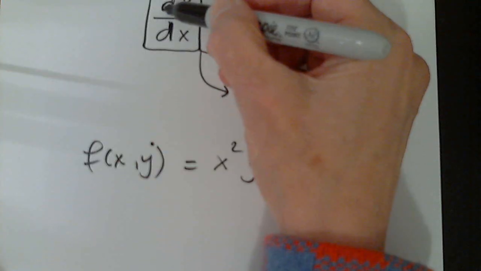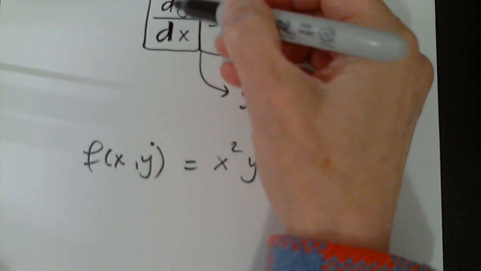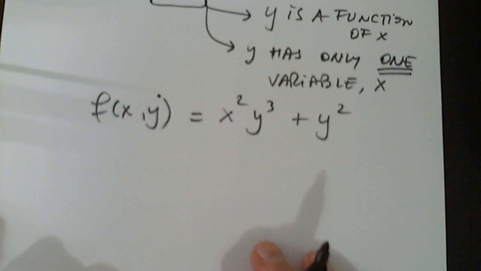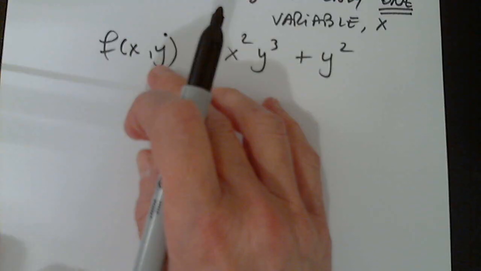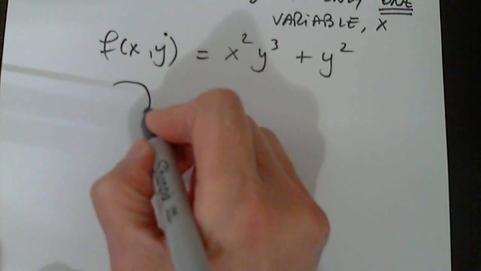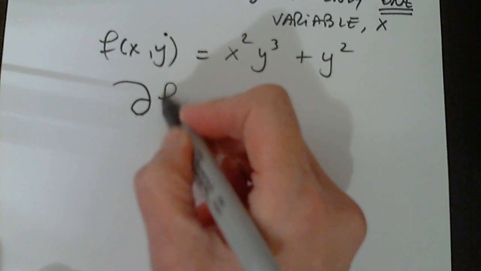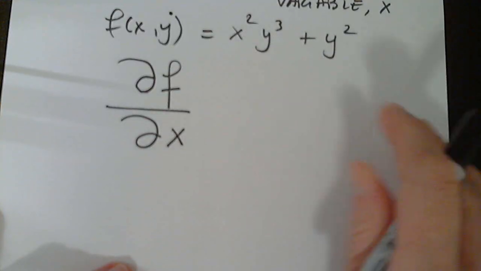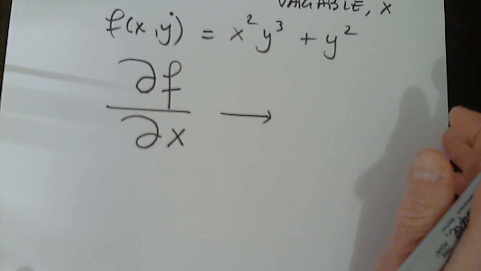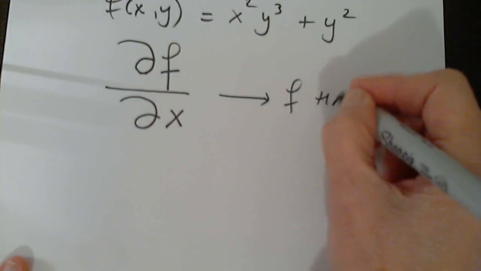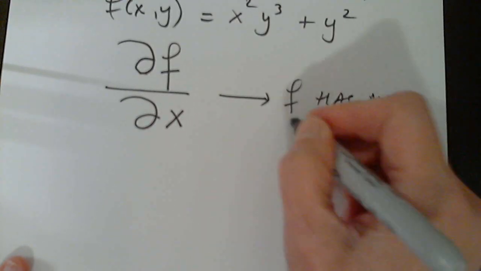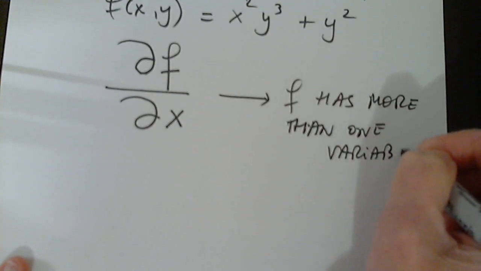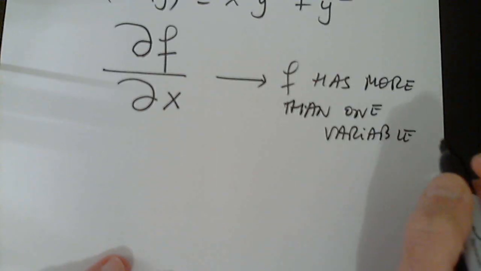We can no longer use this notation, regular d, the derivative of y with respect to x. No. So let's say we want to differentiate with respect to x. This is the notation. The partial derivative of f with respect to x. This notation says f has more than one variable, is a function of more than one variable.